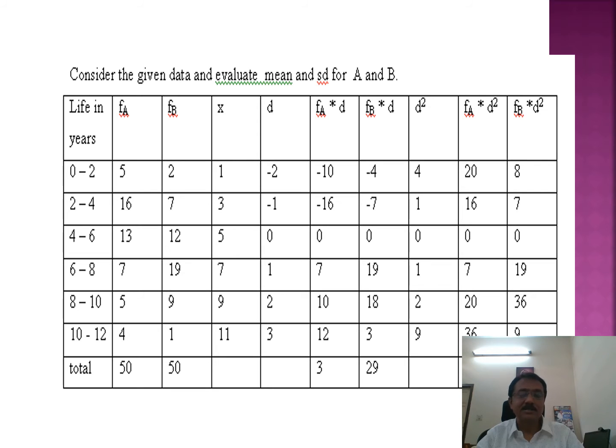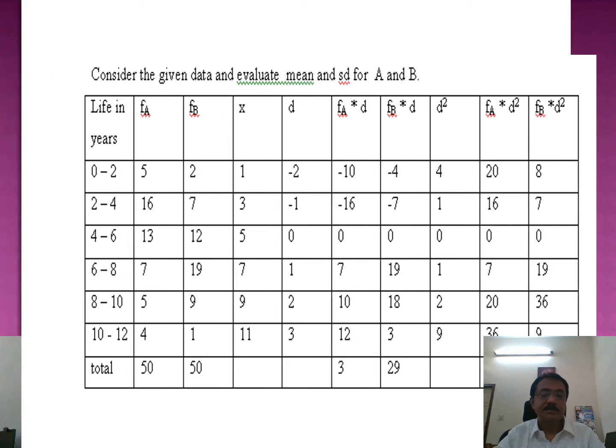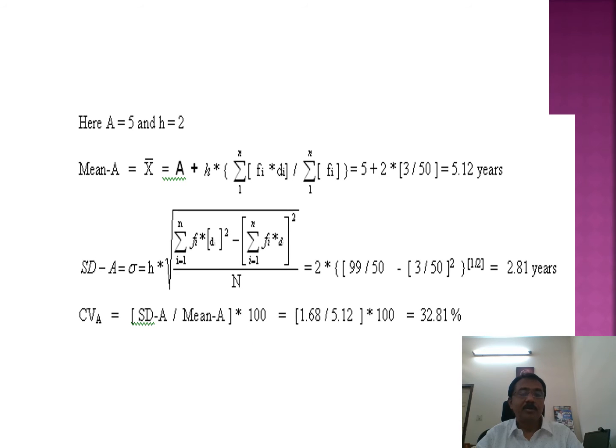Create a table like this and try to identify the value of mean and standard deviation using the related formulas, as given in the slide. Use the values computed from the table.